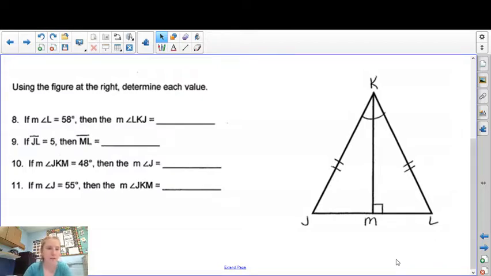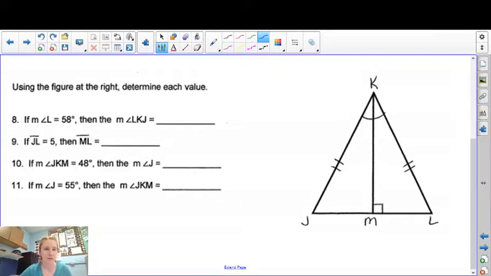Okay, angle L is 58 degrees. Find LKJ. Where's LKJ? So we're finding this guy here. Well, if you notice, I have a triangle. Triangles add to 180.